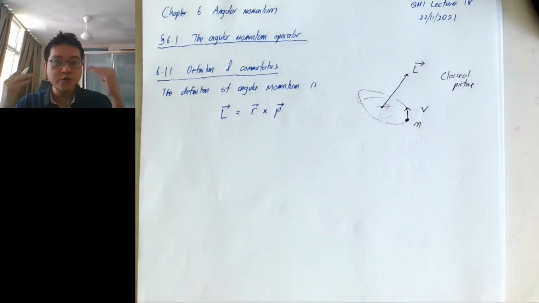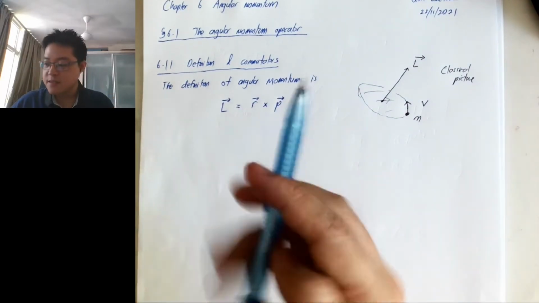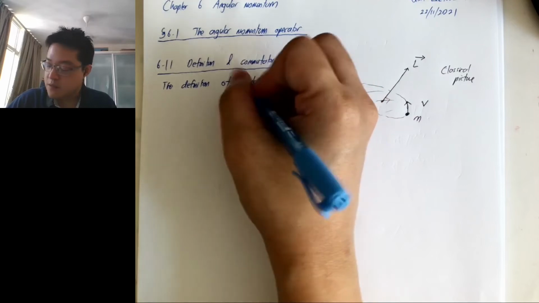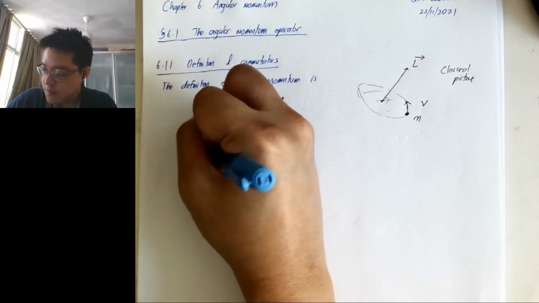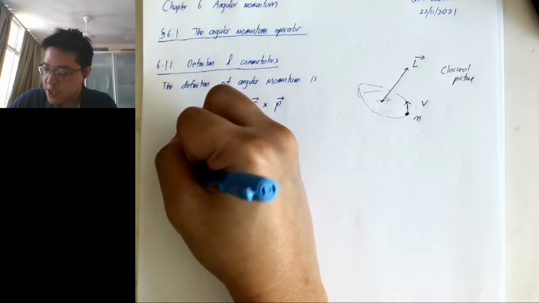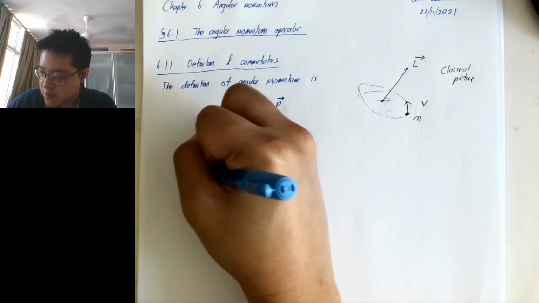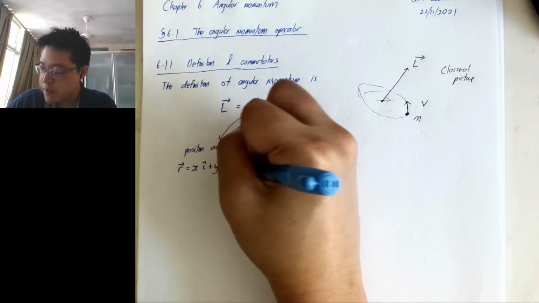So now we're going to do the quantum version. How do we do the quantum version? Let's look at these quantities here. This is r, my position vector. Everything here is still classical. We will change this into quantum mechanics very soon, but we need to know the formula before we can change this.